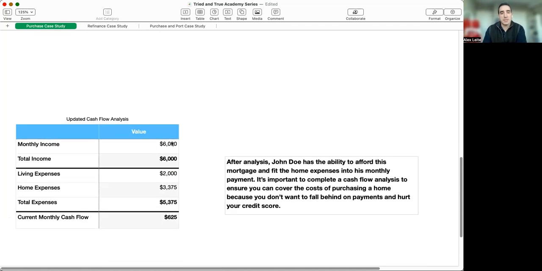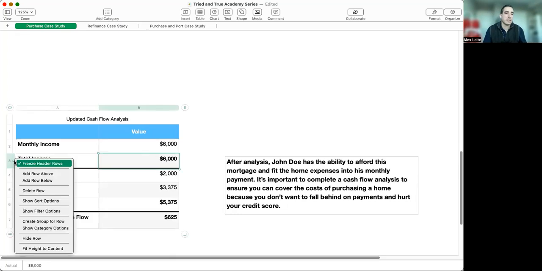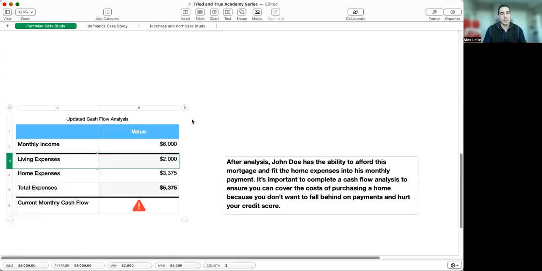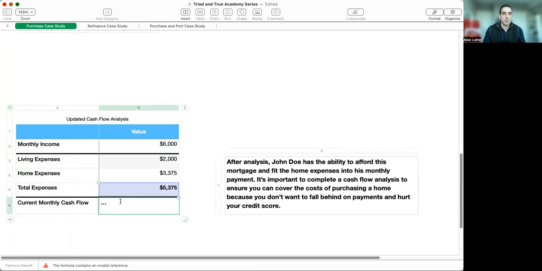Monthly income remains the same, 6,500. Living expenses still 2,000, let's say, plus home expenses of 3,300. Total expenses about 5,300. So it still leaves them with a good cash flow.